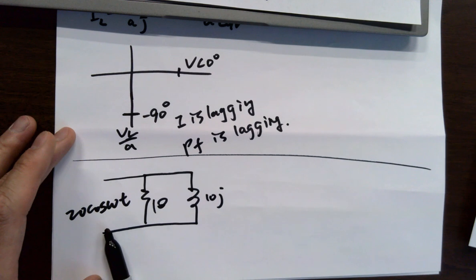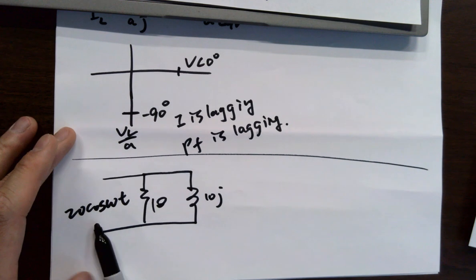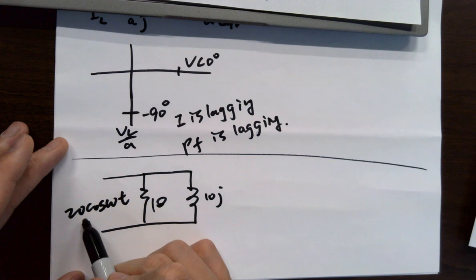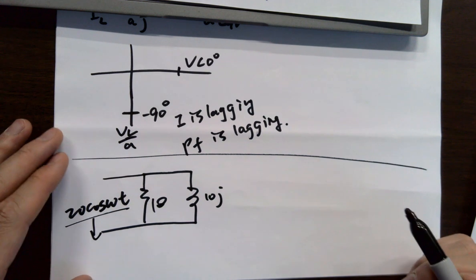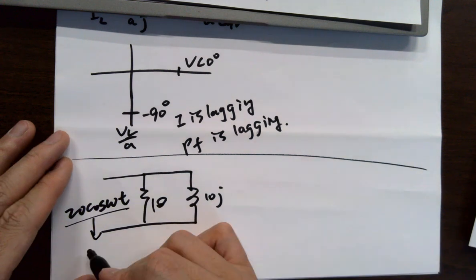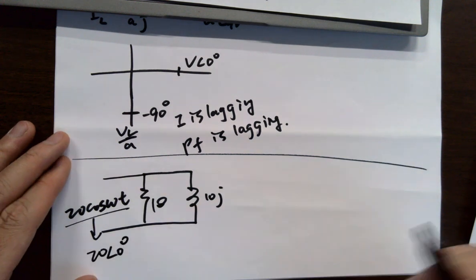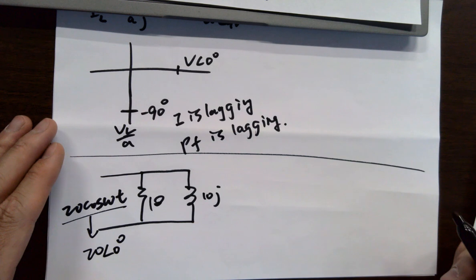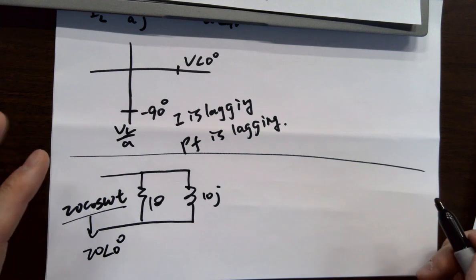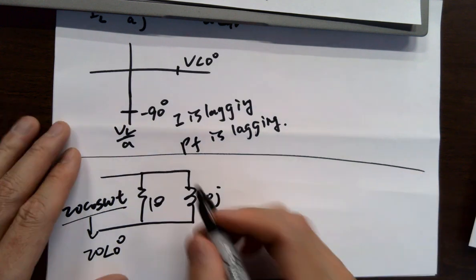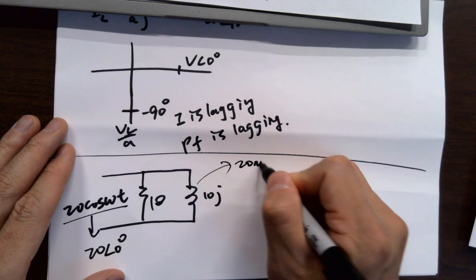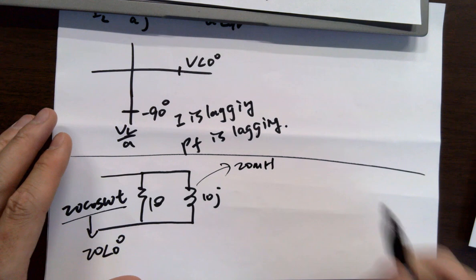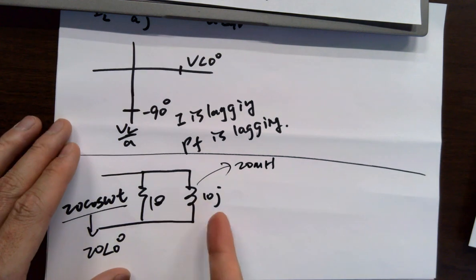So first thing first, what is this in phasor? 20 and 0 degrees, right? Do that first. This might be something else, like 20 millihenry or something. So first thing, convert it to something J. Partial credits, do that first.